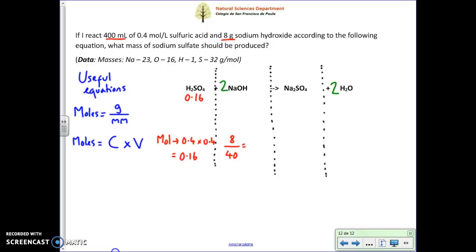Okay? And that is going to give me 0.2. So again, I'm going to write the number of moles right underneath that reactant, so it's nice and clear.